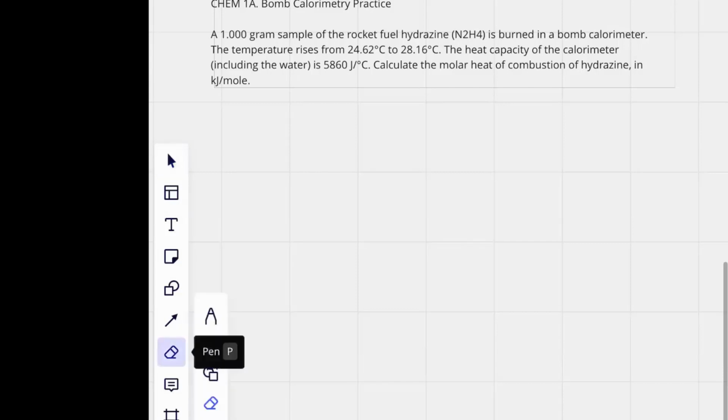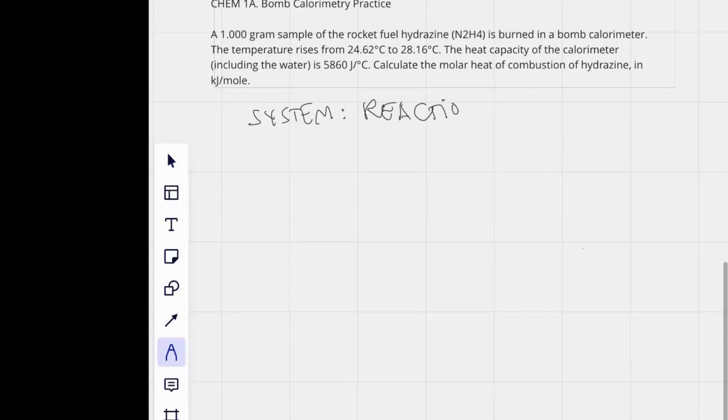Our system here is the reaction, which in this case is a combustion reaction, and the surroundings are going to be the calorimeter itself.